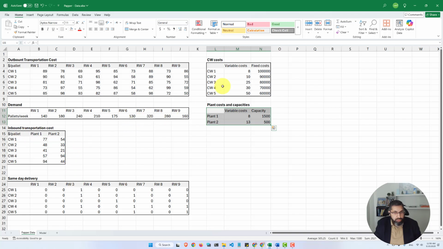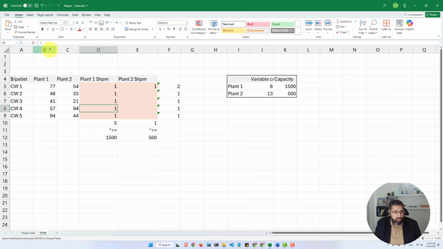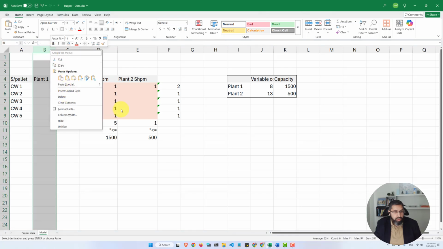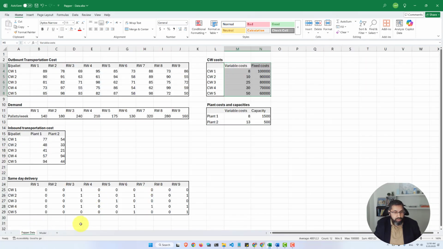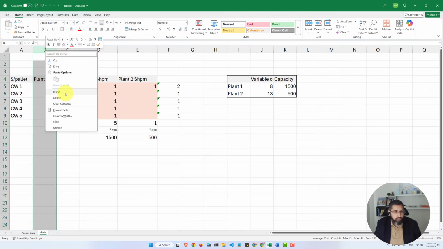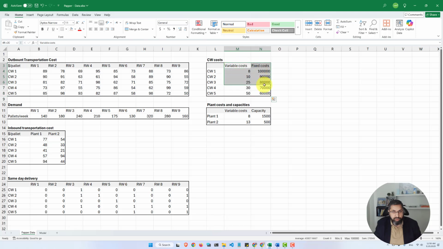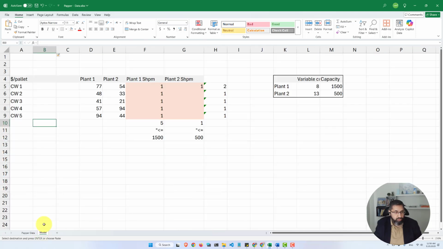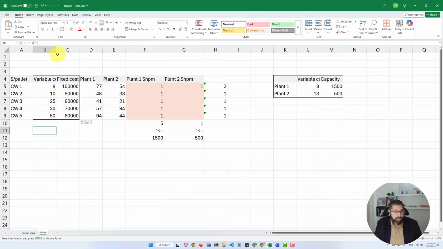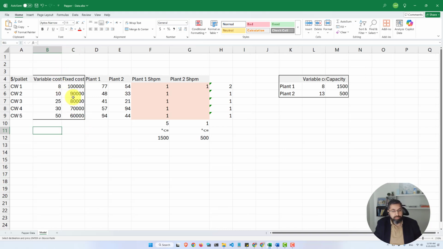So I want to find these costs and put them in there as well. So what I'm going to do is insert some columns and copy this variable cost and fixed costs for these plants right here.